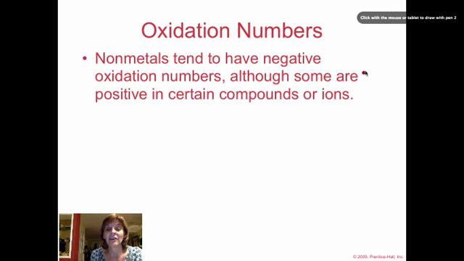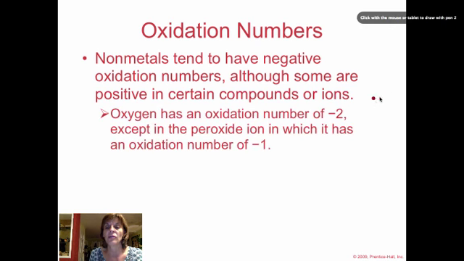Nonmetals tend to have negative oxidation numbers. Some are positive. Iodine can be a -1 or can be a +7 in some situations, depending on what it's bonding with.